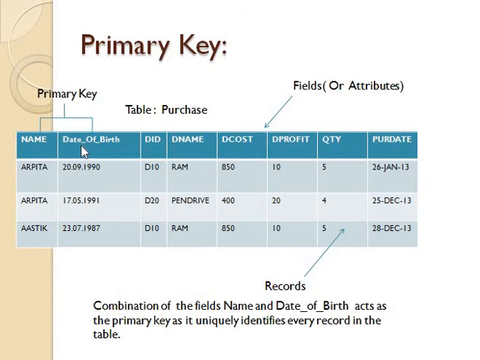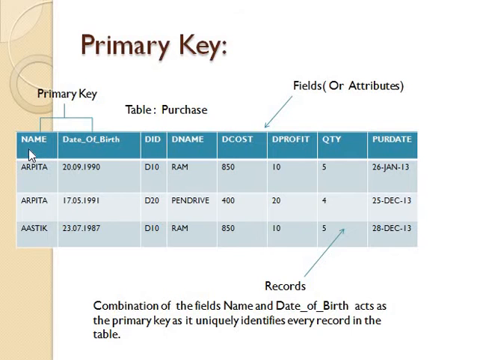But if we combine these two fields, that is name and date of birth, together, then it is possible to identify every record uniquely in this table purchase. This is because even though the names are identical, their date of births are not identical.